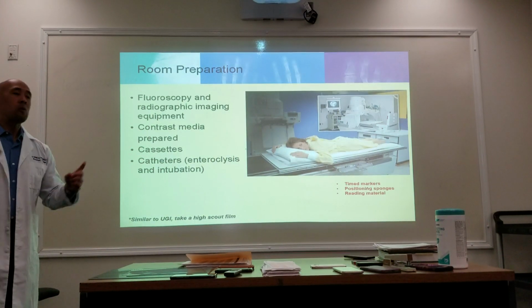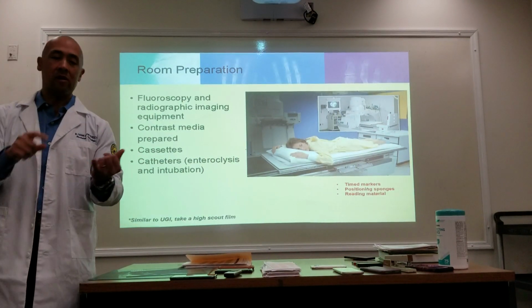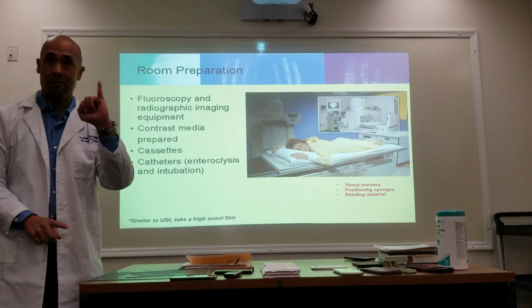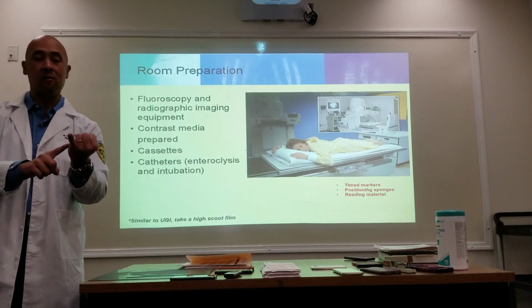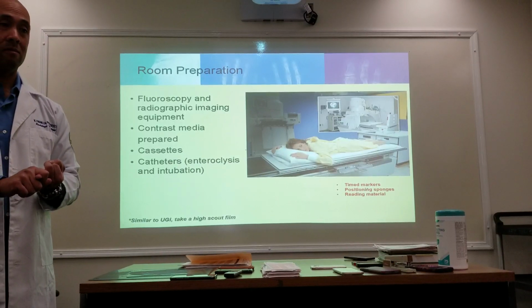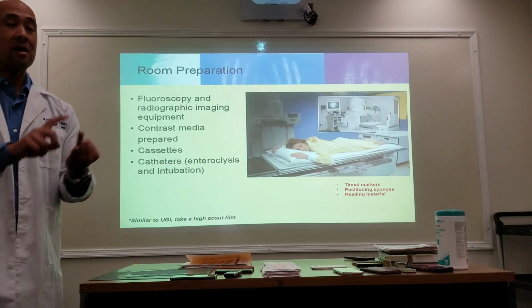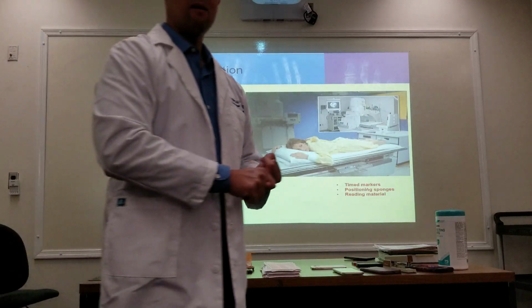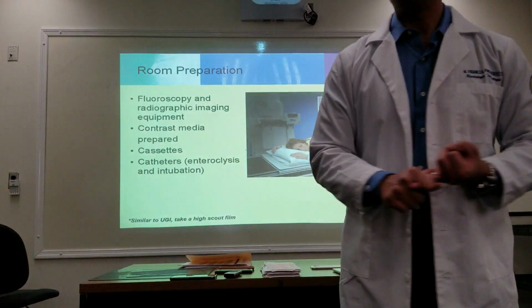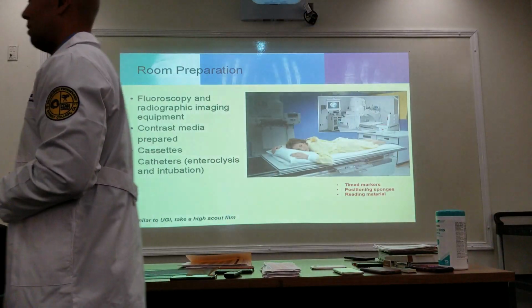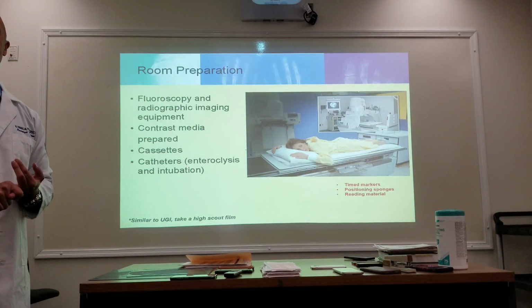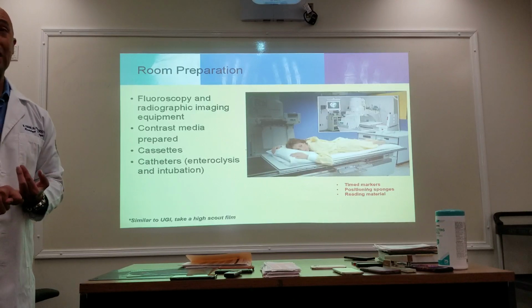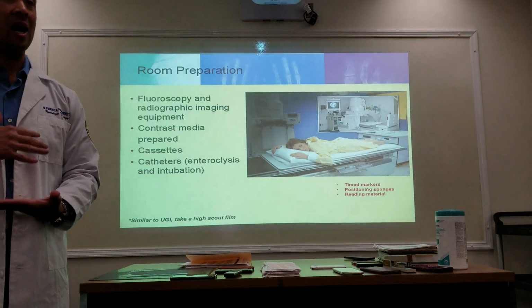Now, quick question. If the patient came in for an esophagram, I'm going to give it a little twist, if they came in for an esophagram and an upper GI, how many scouts do you do? You still have to do a chest, you still have to do a high KUB.